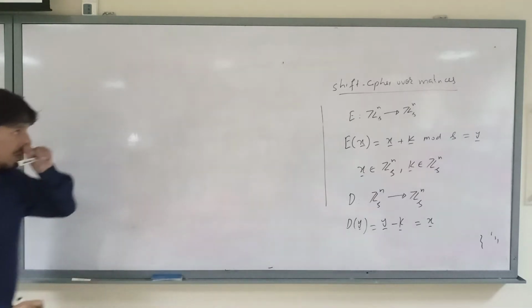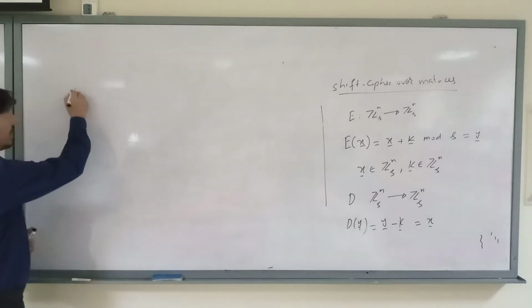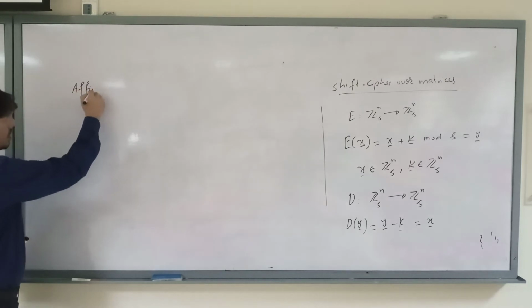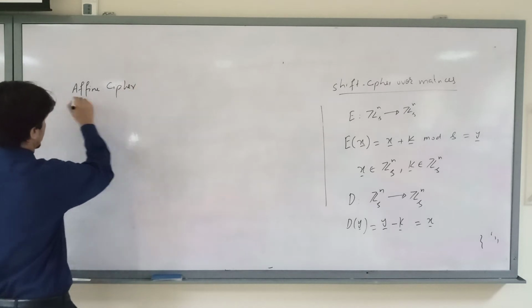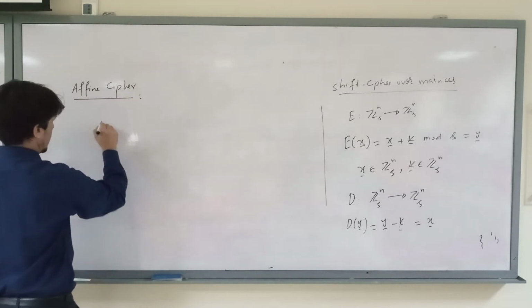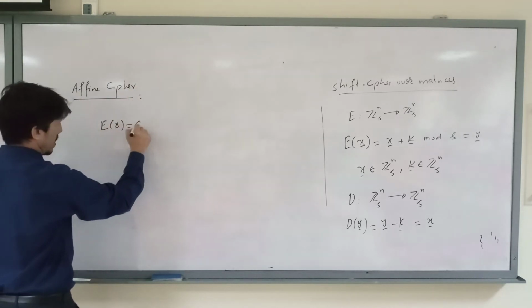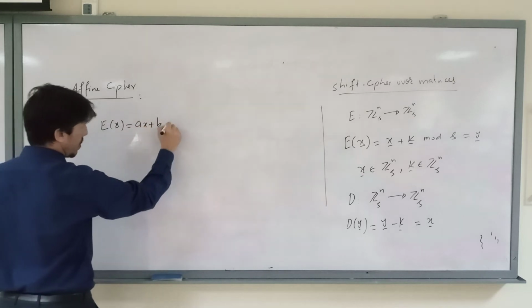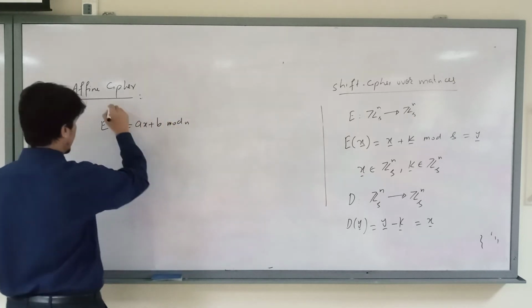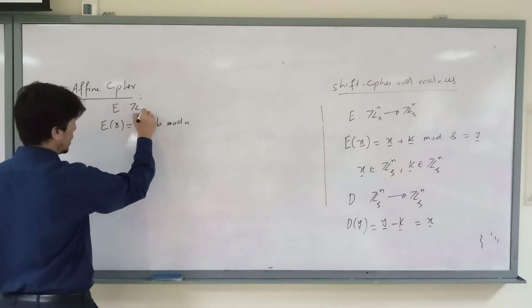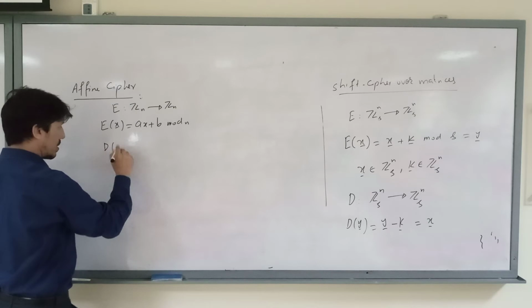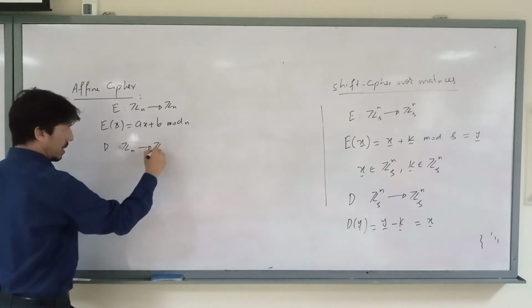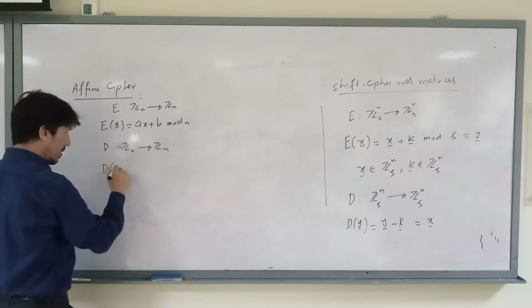If you see from my previous lecture, the Affine cipher encryption was ax plus b mod n, an encryption function from Zn to Zn, and the decryption function was also from Zn to Zn, d of x.